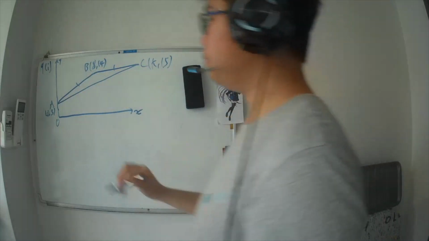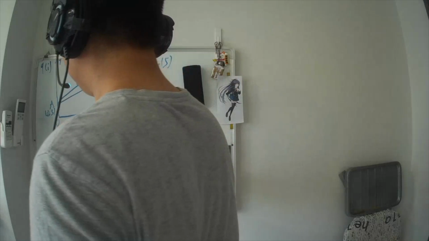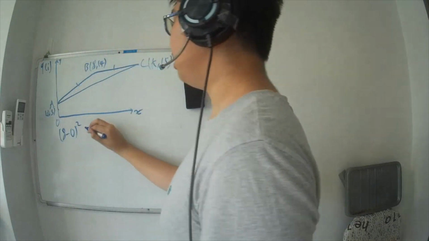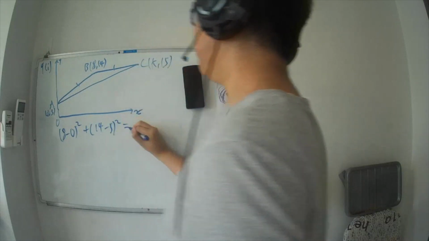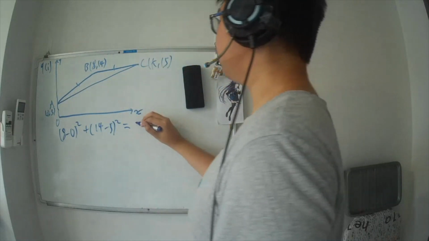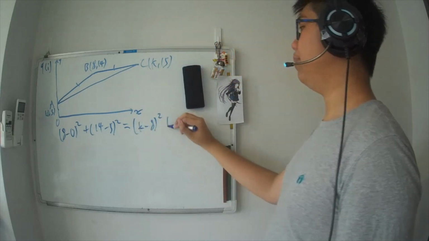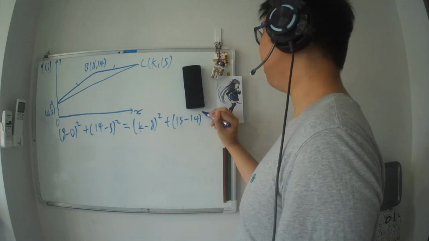So this is 8 minus 0 squared plus 14 minus 5 squared will be equal to K minus 8 squared plus 15 minus 14 squared, right?